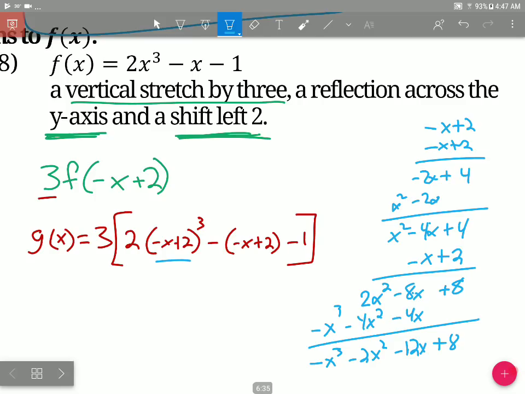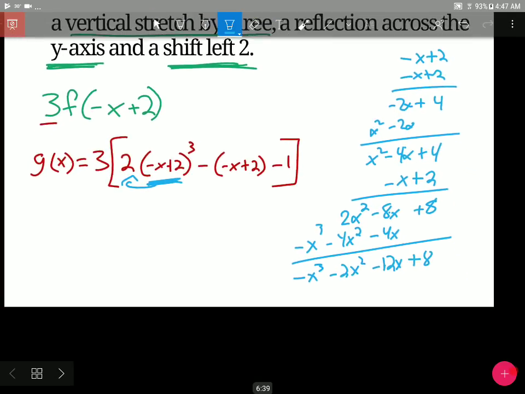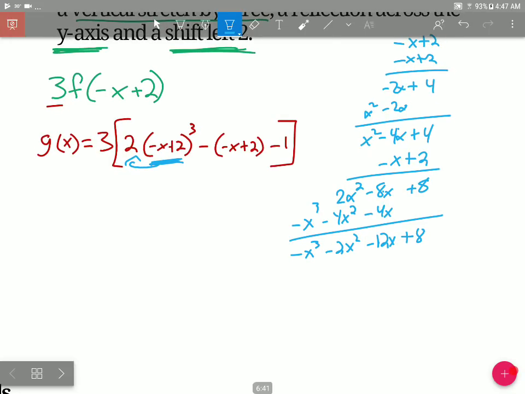And since this whole thing is getting multiplied by 2, I'm just going to go ahead and take care of that as well. Times 2, that would be a negative 2x cubed plus 12x squared minus 24x plus 16. So, I'm going to plug all that in for all of this.